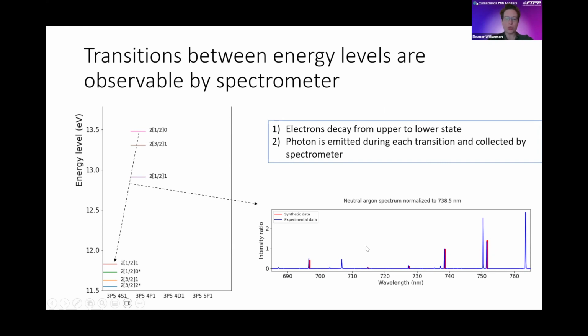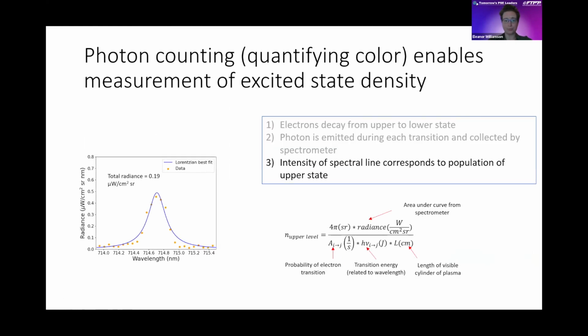The other really cool thing about the particular spectrometer that I use is that we actually get a photon count from it. We're not just getting an arbitrary unit of intensity. The way I calibrate the spectrometer, we can figure out exactly how many photons are coming off at a particular wavelength, and that's pretty magical.